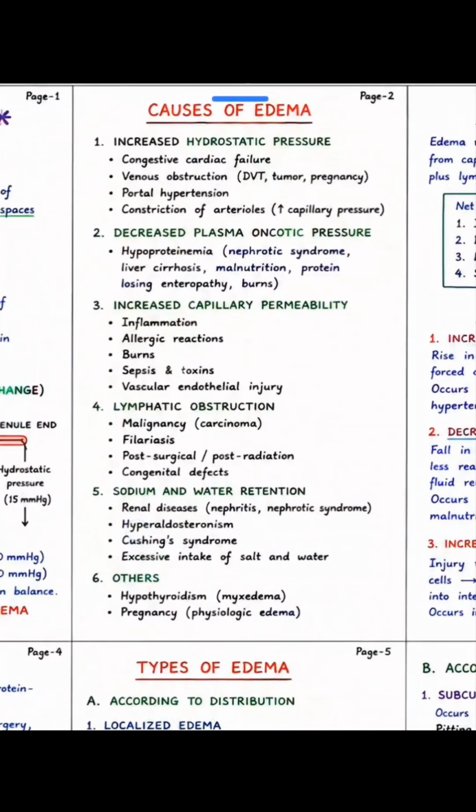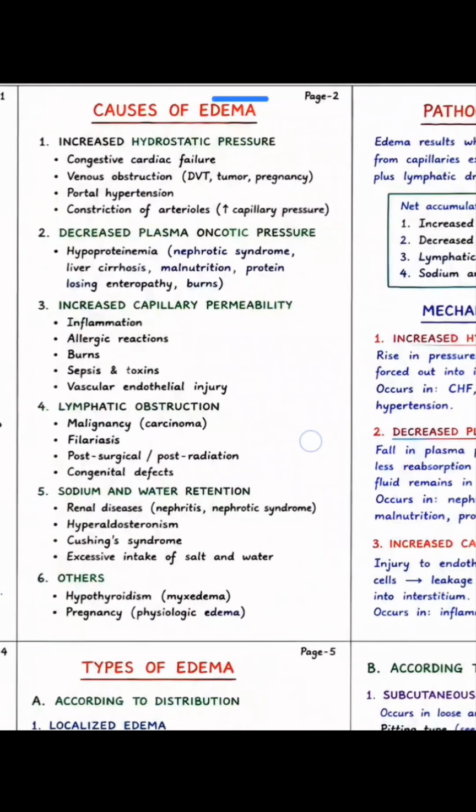Now we come to causes and mechanisms, that is etiopathogenesis. There are 5 main mechanisms that you must list in your 10-mark answer. What are the 5 main mechanisms?